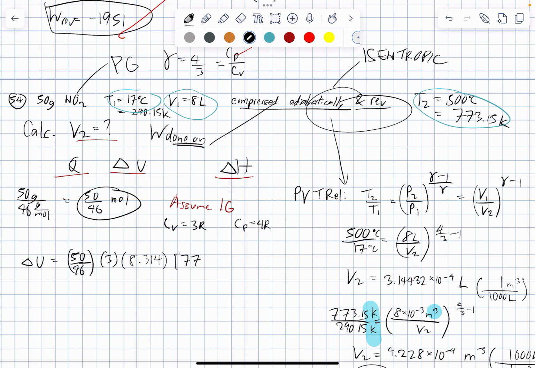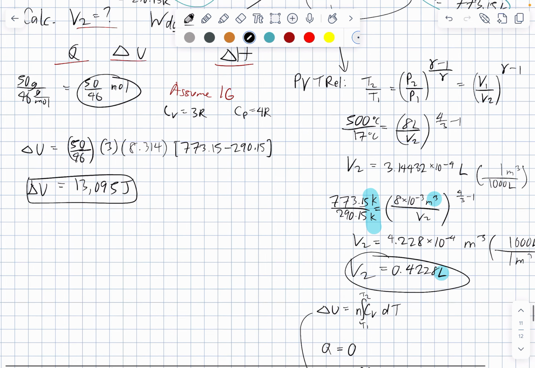So 773.15 minus 290.15. Solve. There you go.